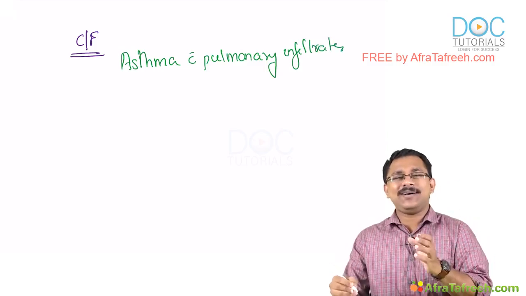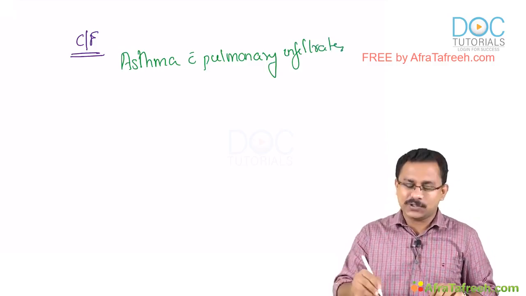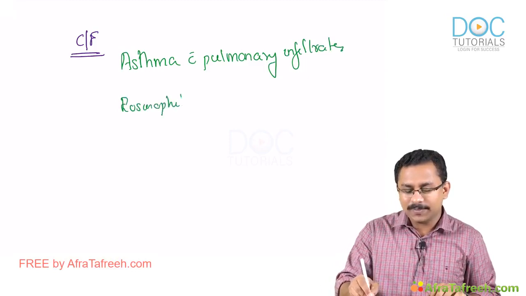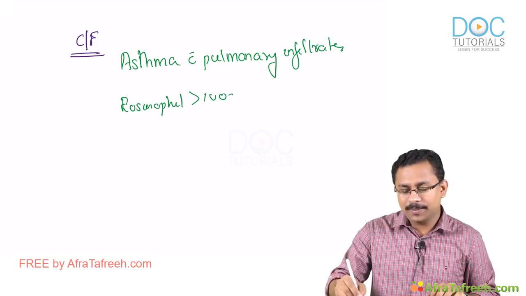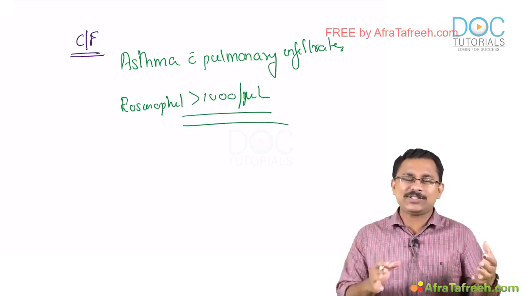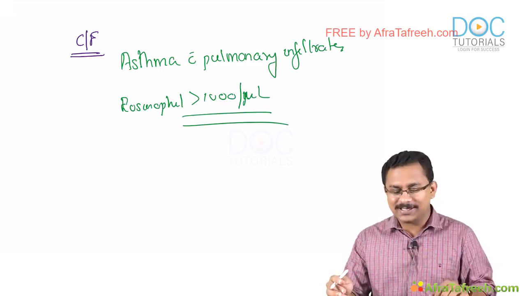And you will have an associated eosinophilia, which means the eosinophil count will be more than 1000 per microliter. Remember, there is tissue eosinophilia also in addition to the blood eosinophilia.